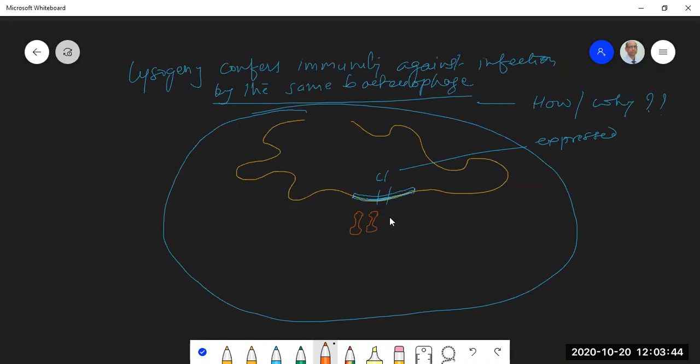And I told you that the level of this repressor protein is under its own control, autogenously controlled. All right. So this is what is called a lysogenic bacterium.